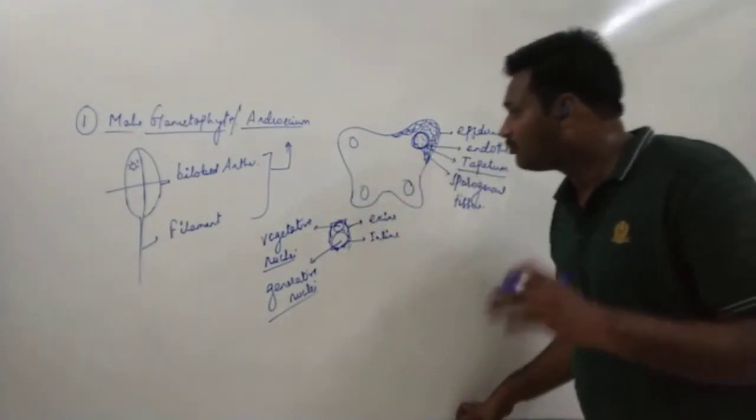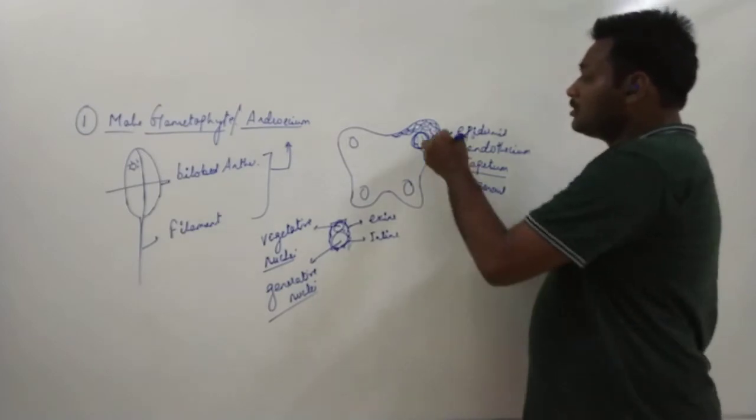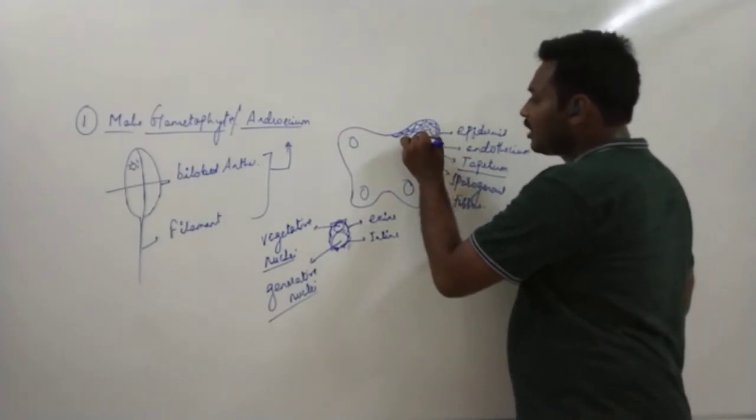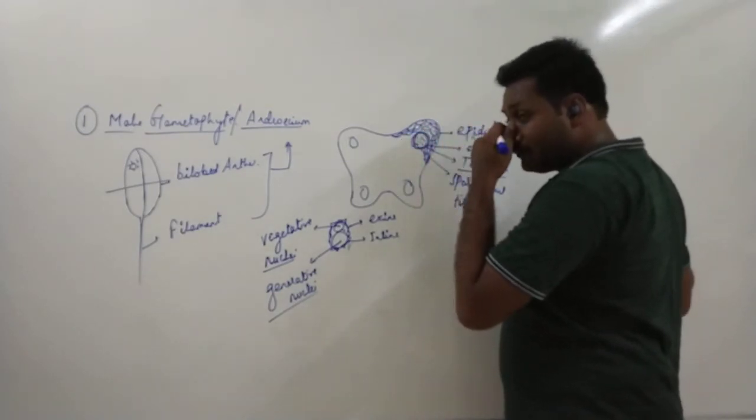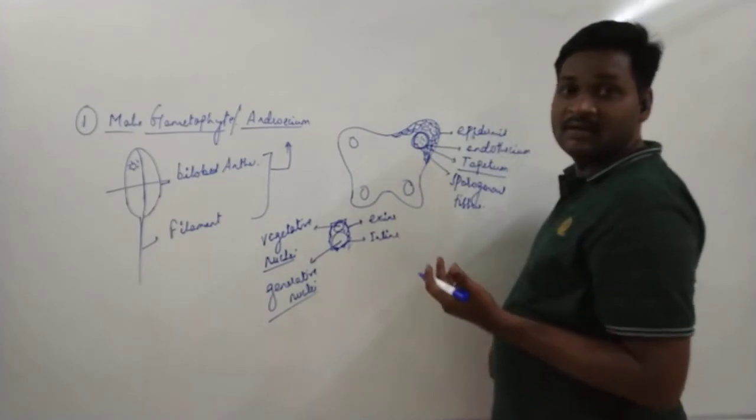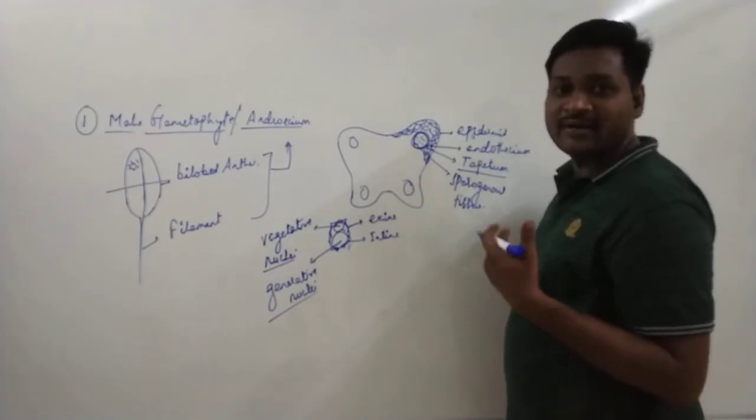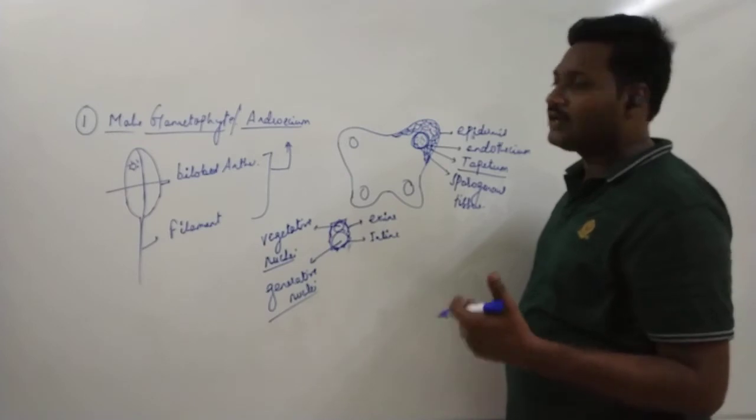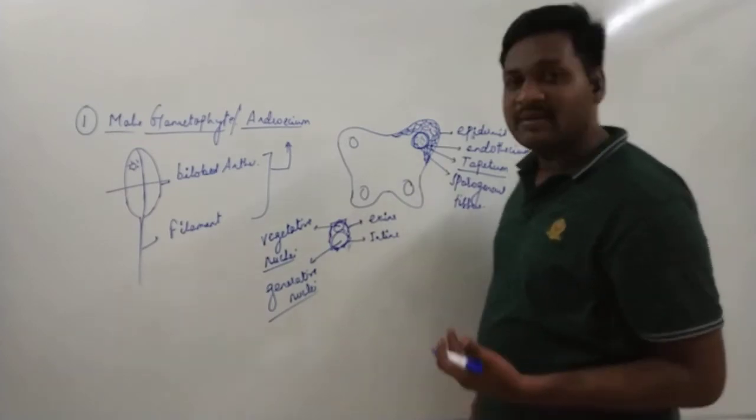Now let me tell you one more thing. See here, a number of spores are there. How do they multiply? They multiply by equational cell division, that is, mitotic cell division, so that many pollen grains will be formed.